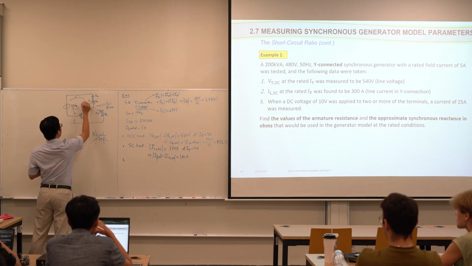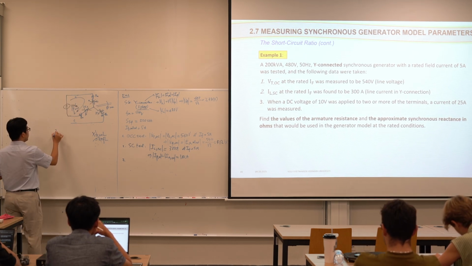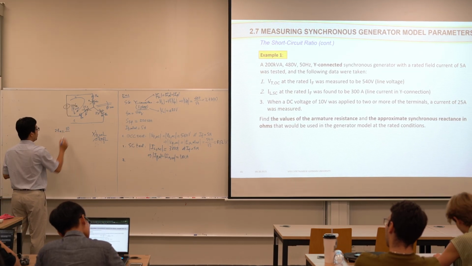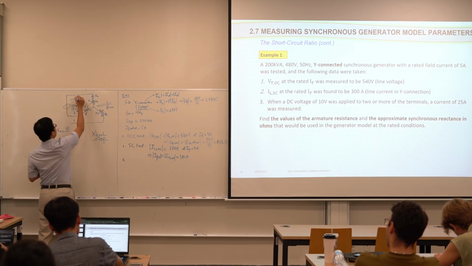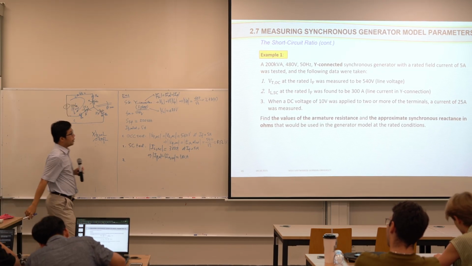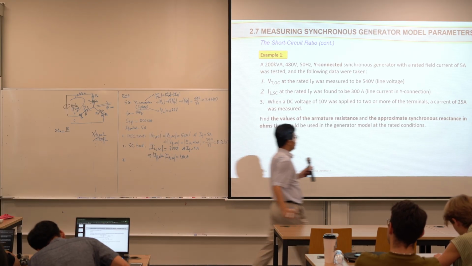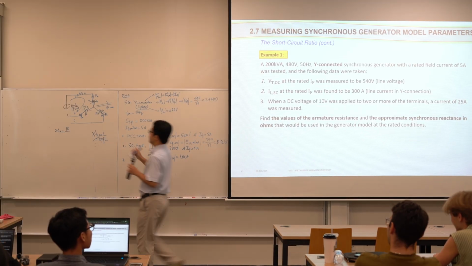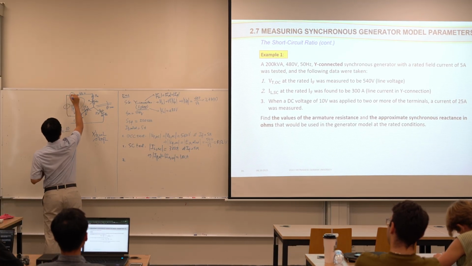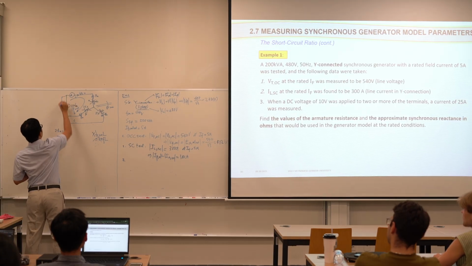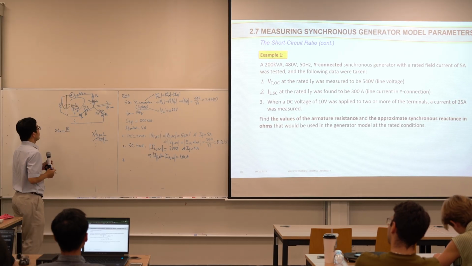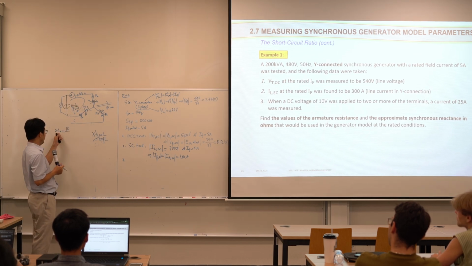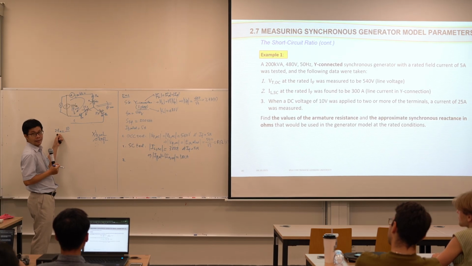So this is RA. If we apply the voltage across 2 phases, you get 2 RA is 10 over IDC. We need IDC. I hope we have the information. Oh, we are very lucky here, 25 amperes. This is the way we measure the armature resistance.